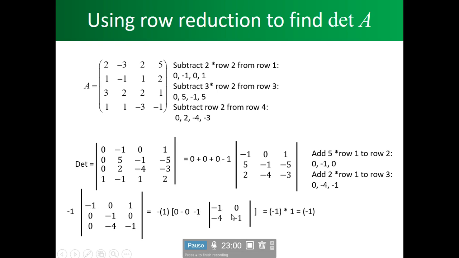So we have 1, 2, 3, 4 negatives. Because we have 4 negatives, this times this is a positive. Then we had a negative 1, and it seemed like I dropped that 1, so this will be a positive 1. You have to be very careful. As you can see, you'll be dropping negatives all over the place.